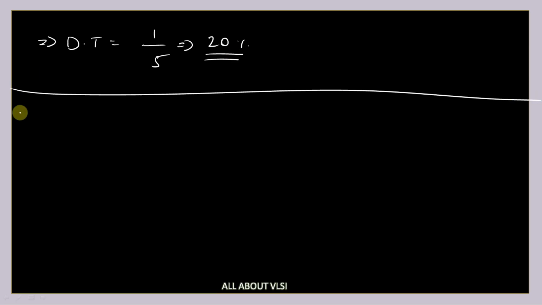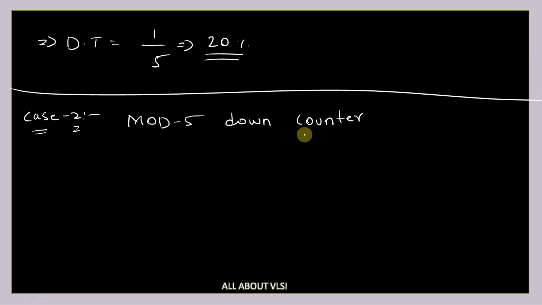Let's consider case 2, where we are considering a mod 5 down counter. So what is the sequence of the mod 5 down counter?